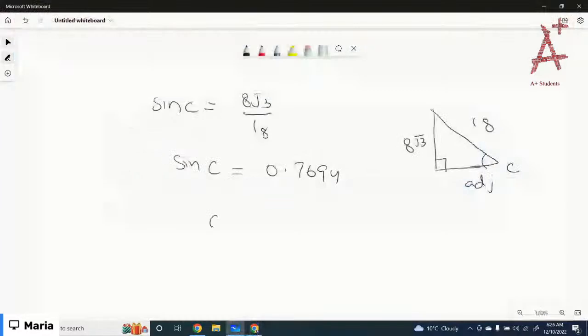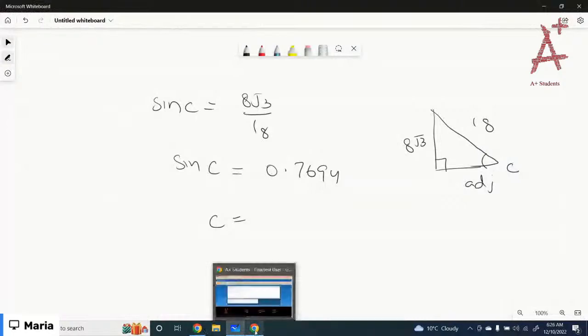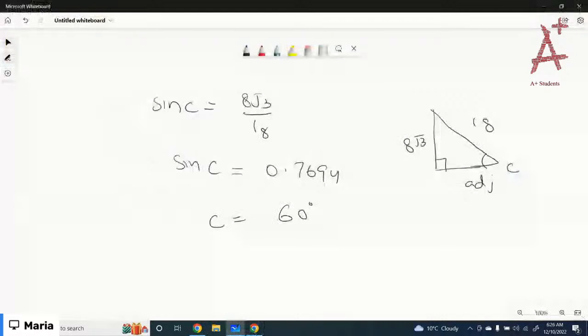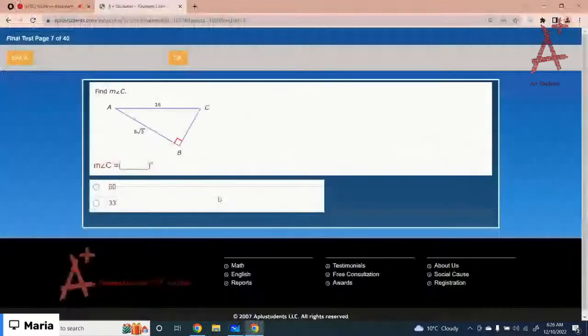So C equals sine inverse of 0.7694. It is 60 degrees. Got it? Basically, it's a 30, 60, 90 triangle. So it would be 60 degrees.